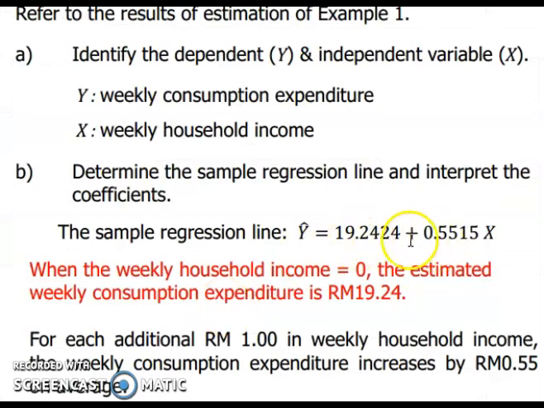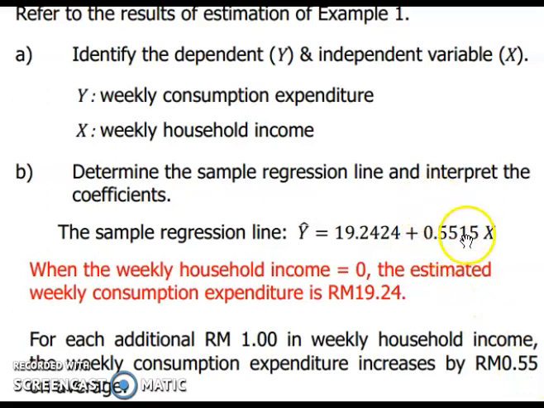So what do these figures mean? When the weekly income is 0, we get Y hat equals 19.24, meaning that when income is 0, the estimated weekly consumption is 19.24. And what does the 0.55 mean? It means that for each additional 1 ringgit in the weekly household income, the expenditure on average will increase by 55 cents.